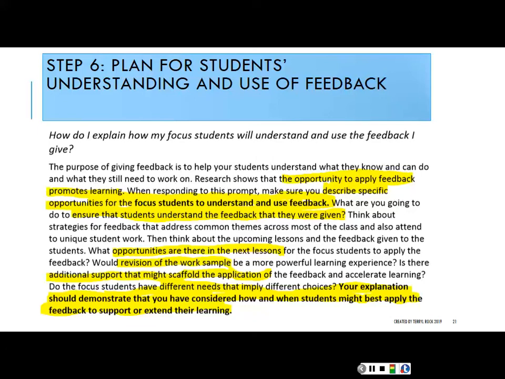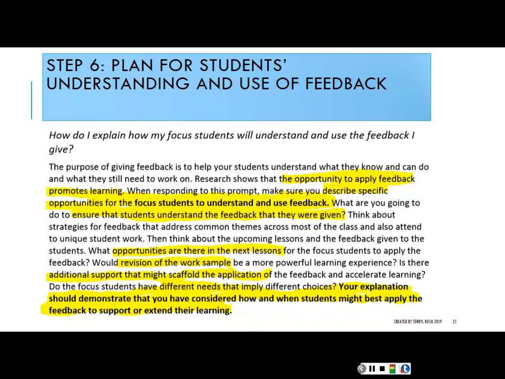So we're not necessarily talking about something that's going to be practical for you to carry out. This again is a question they're going to use to assess your knowledge of applying best practices, not your opportunity to apply best practices.